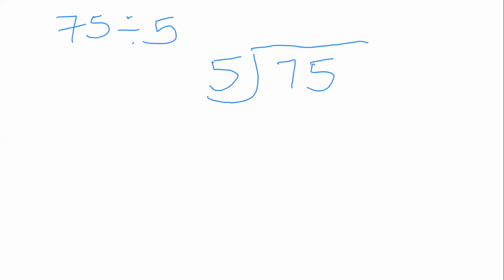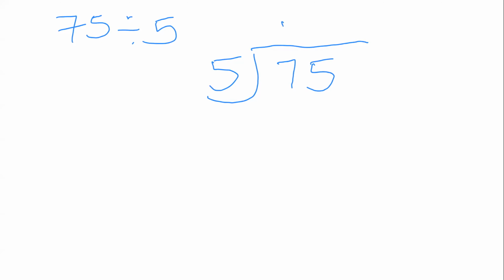Which table we are going to use? We are going to use the table of, yes, which table we are going to use? Yes, we are going to use the table of 5.